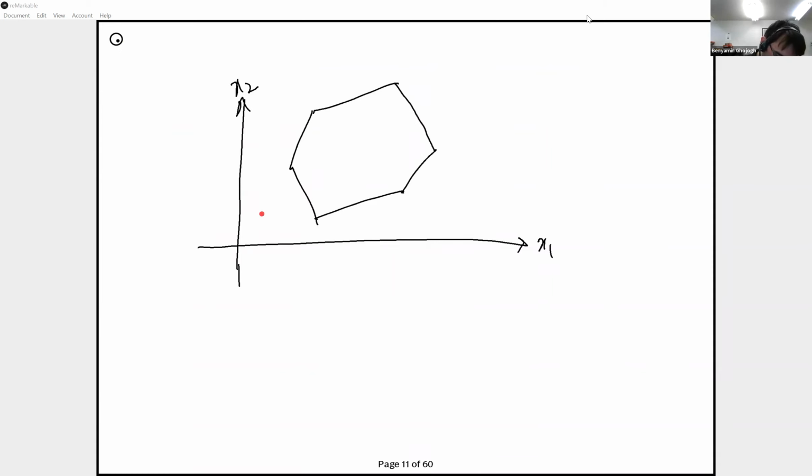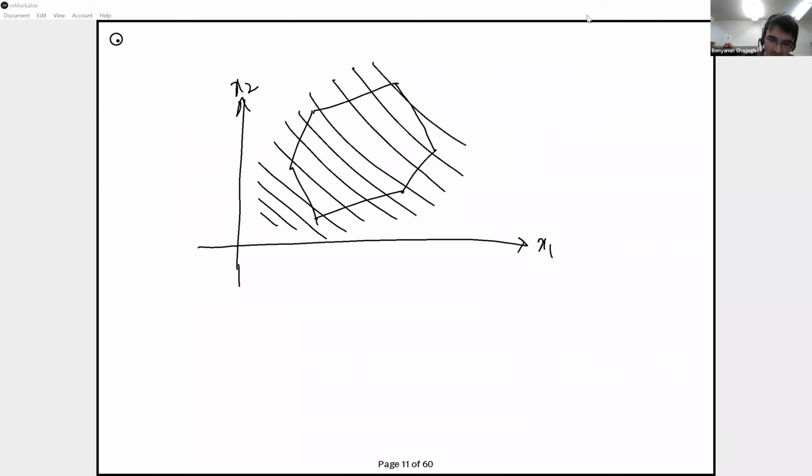And you have some cost which is going up in this way or the other way around, doesn't matter. I don't care. Can you imagine and think about it? Do you think the solution will be here or on the boundary? First answer. It'd be on the boundary. Yes, on the boundary. Why?